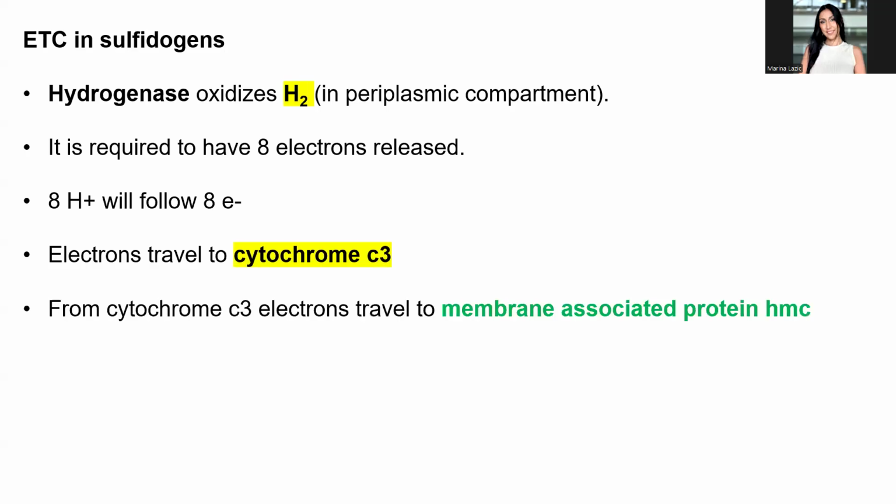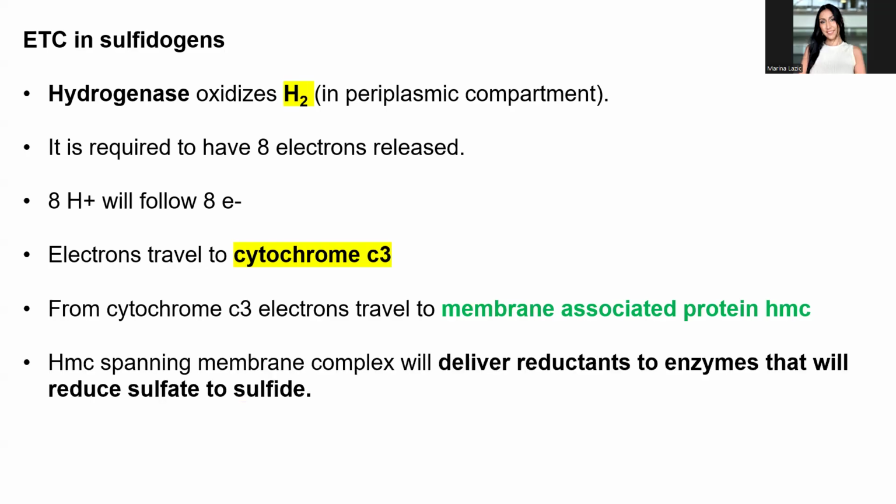And from cytochrome C3, which is a typical cytochrome, electrons travel to a membrane-associated protein, which you didn't hear about till now. It's very unique for sulfidogens. It's called HMC. And this HMC is, of course, a membrane protein that delivers electrons to the enzymes that complete the final reduction of sulfate to sulfide, H2S.